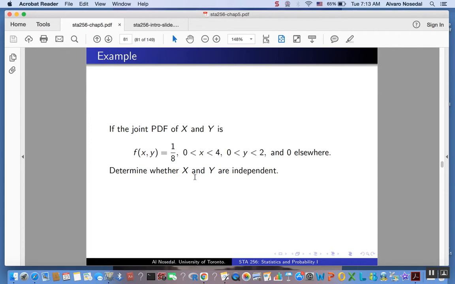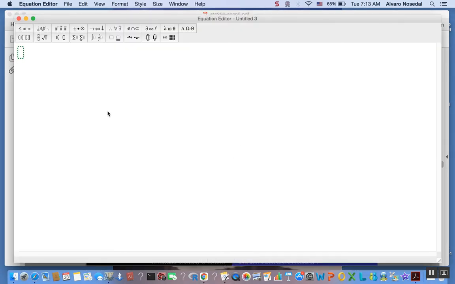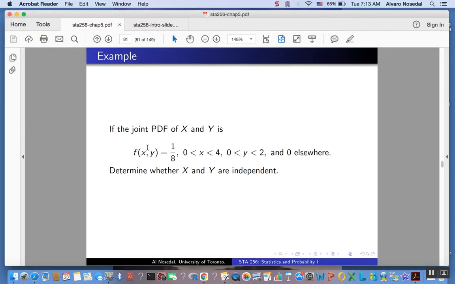What we have to do is find the marginals of x and y. In this case the joint is something simple, and these two restrictions, these inequalities, are going to be defining the whole support, the set of values where the joint probability density function is non-zero.